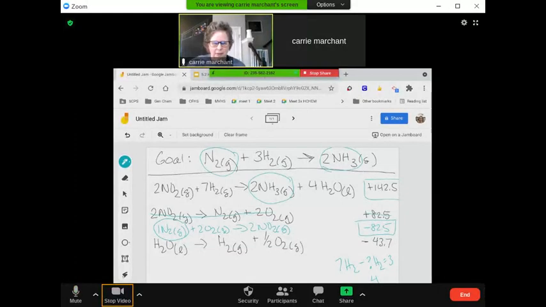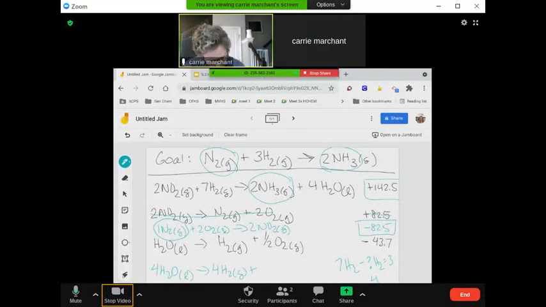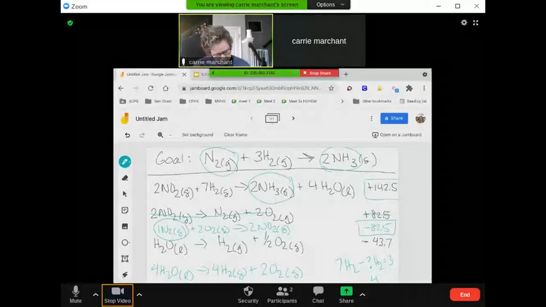So I need 4 hydrogens there. How do I get 4? Multiply times 4. So I now have 4 hydrogens liquid yields 4 hydrogens gas plus 4 times 1/2, or 2 oxygens gas. So now I have my 3 equations there.